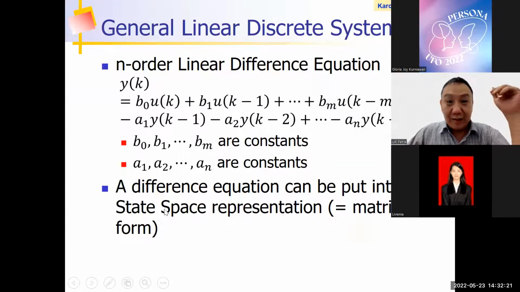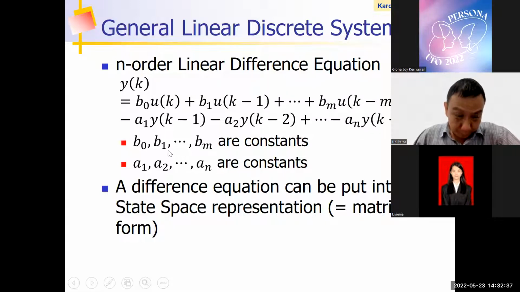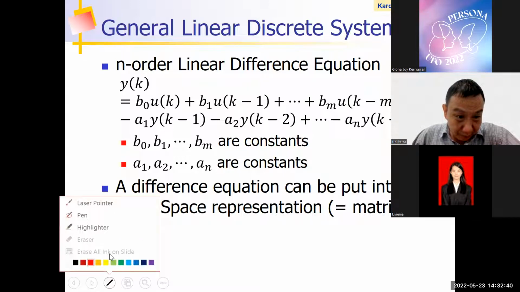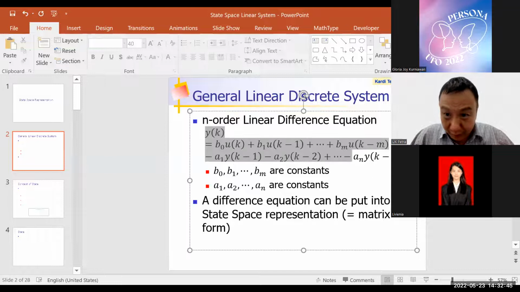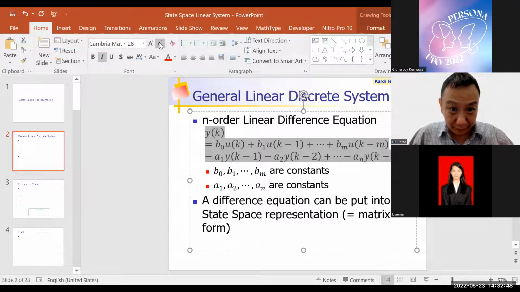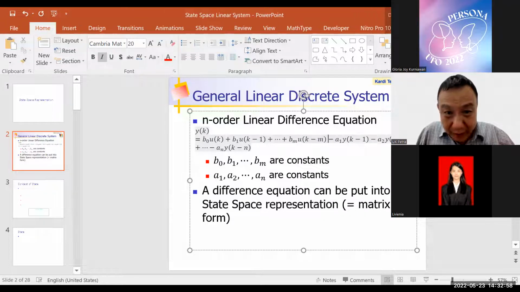So this is the connection between matrix and linear difference equation of n order. Let us see here. Maybe my writing is rather complex, so let me make it smaller. Until bn minus.